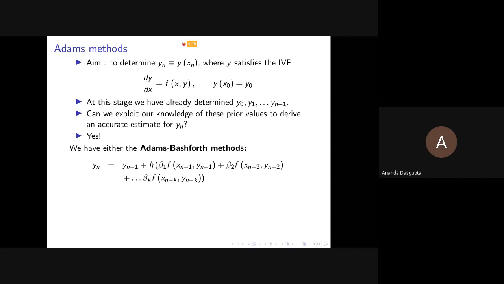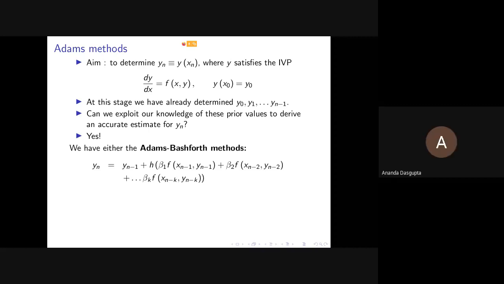These are points which you already had found when you got here, right? So xn minus 2, yn minus 2 was a point that you used before you got to xn minus 1, yn minus 1. So you take the slope there, and the slope at the point before that. You take k such slopes at the k previous points that you had visited, also with a weighted average, beta 1, beta 2, and beta 3.